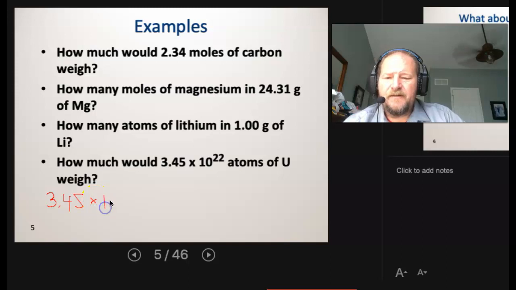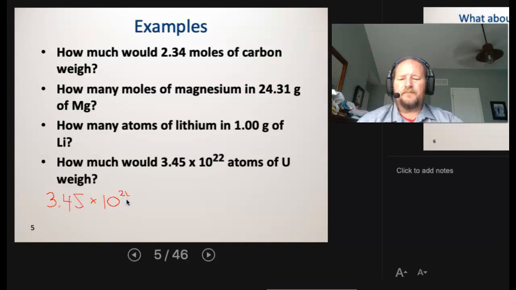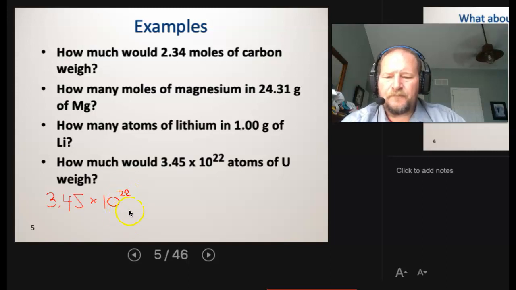Times 10 to 22 atoms. I'm just going to leave it as A, but that's atoms.